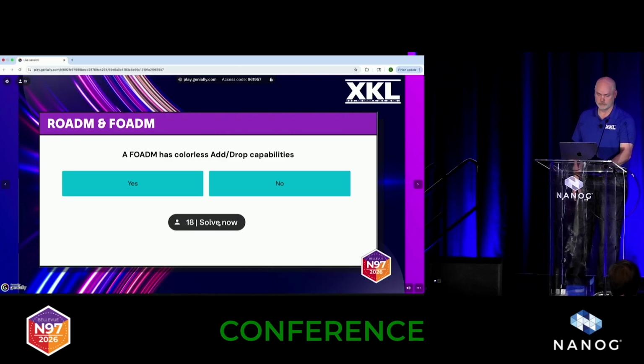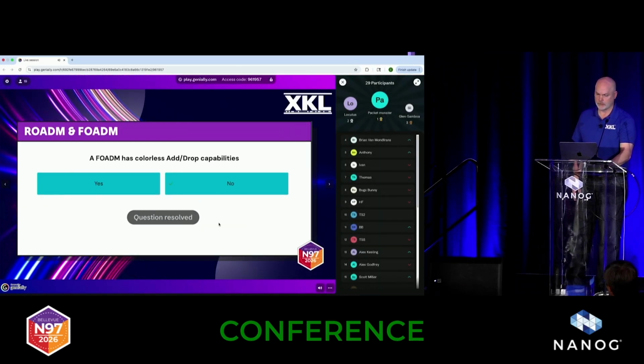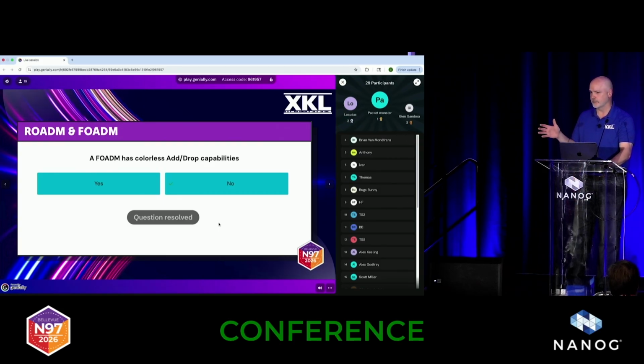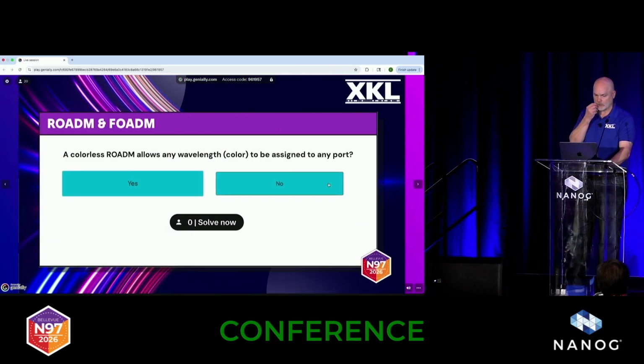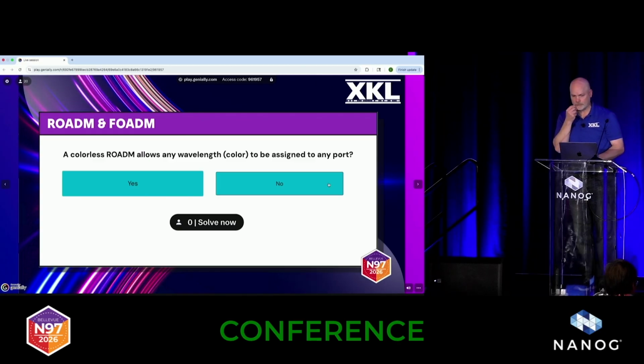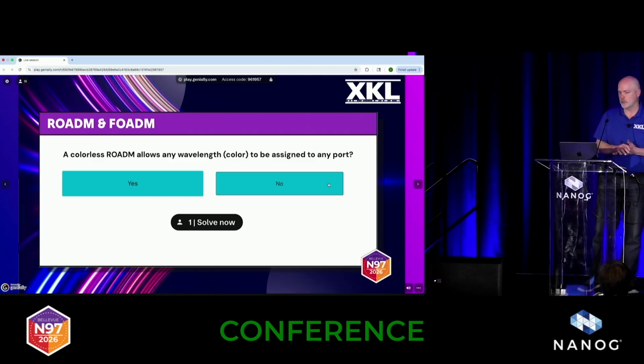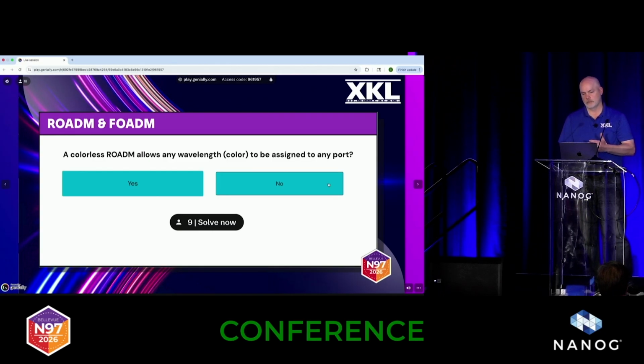Okay, good. No, right? Fixed channels. Every channel is red, blue, green, doesn't ever change. So the FOTM is fixed optical add-drop using thin film or AWGs. A colorless ROADM allows any wavelength or color to be assigned to any port. So that's a colorless ROADM.